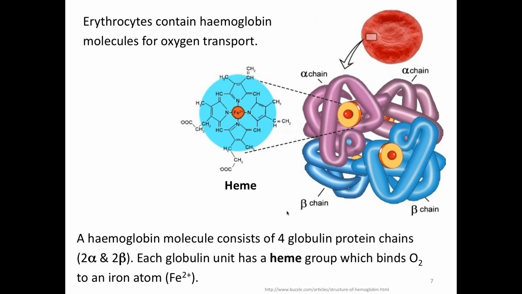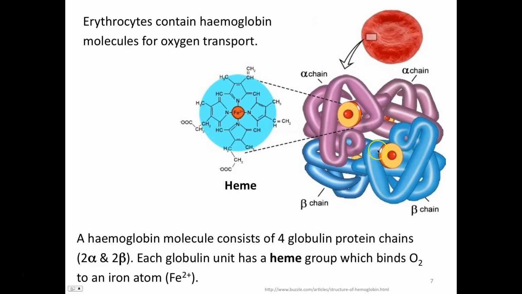In this slide, this is actually showing the hemoglobin molecule. Up at the top of the screen, what we can see is a red blood cell, and part of that surface has been expanded into this illustration to show the makeup of the hemoglobin molecule. A hemoglobin molecule consists of 4 globular protein chains, and these consist of 2 alpha chains and 2 beta chains.